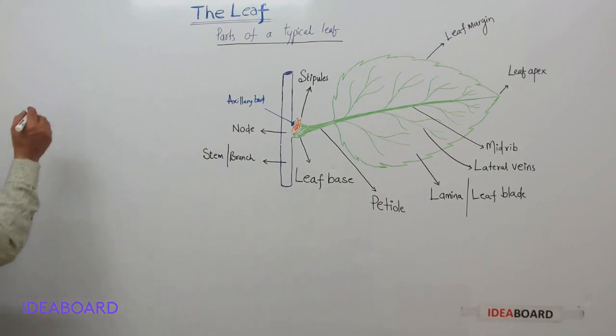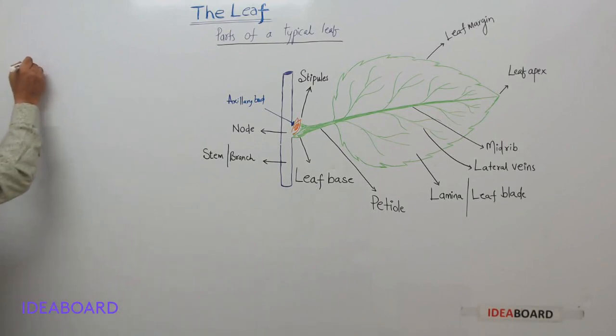Now let us discuss these parts of a typical leaf, and there are three main parts in the leaf.